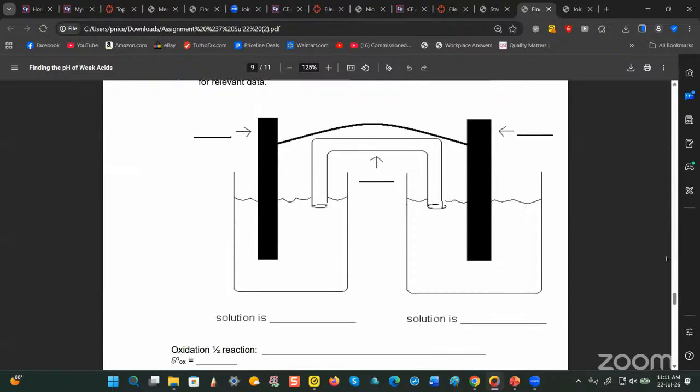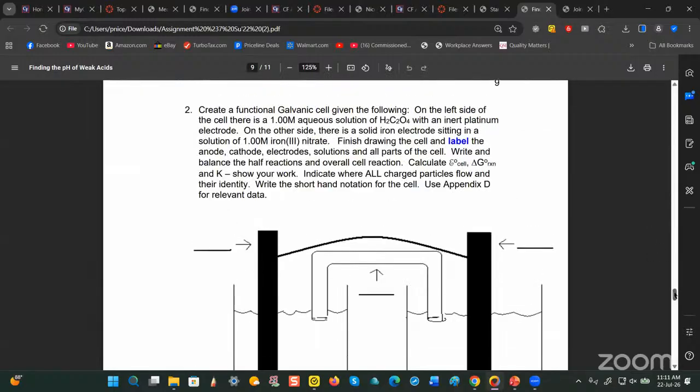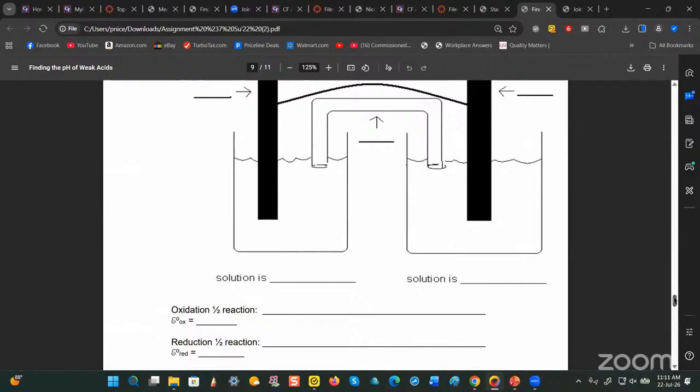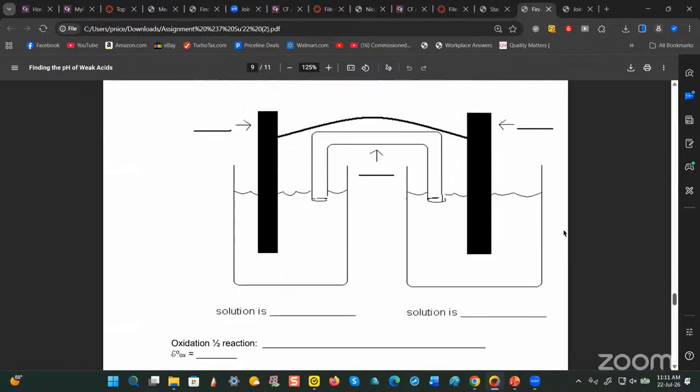According to the information provided, the left side will contain a 1.0 M solution of oxalic acid. So the first thing I'm going to write down here is 1.00 M oxalic acid, H2C2O4.